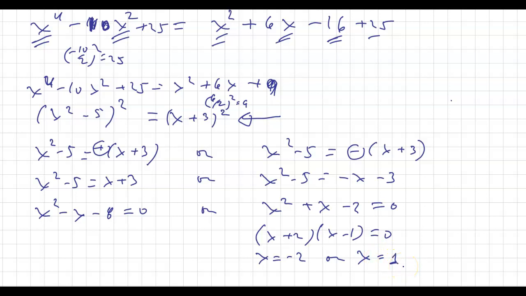This left-hand side, though, would require the quadratic formula. b squared is 1, 4ac is 32, so we end up with that. And in case you're wondering, those two answers are about negative 2.37 and positive 3.37.